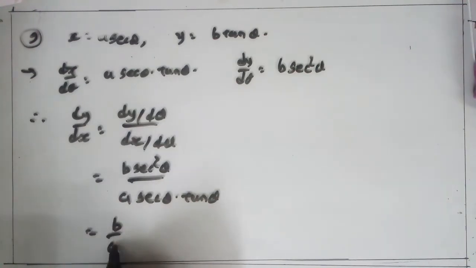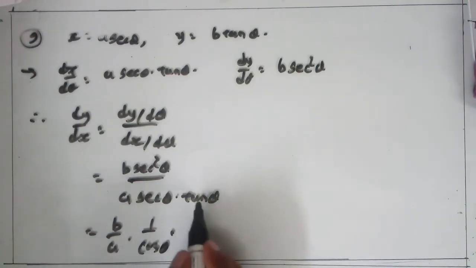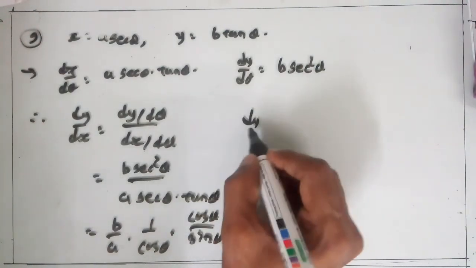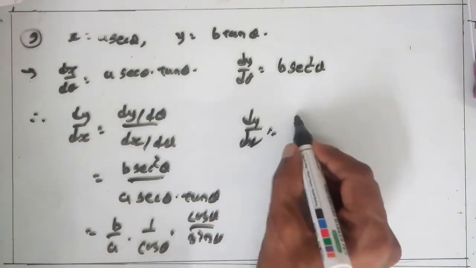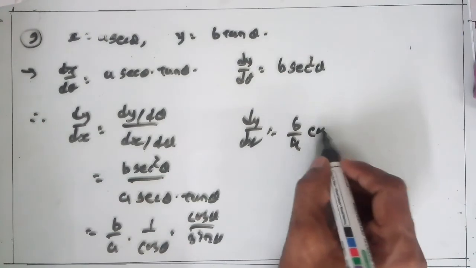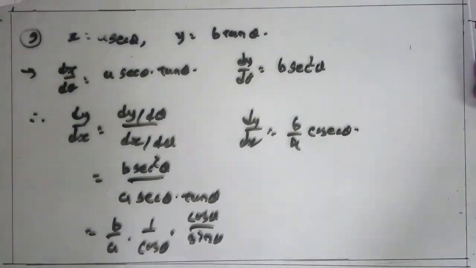So b upon a sec, change into cos form, 1 upon cos theta. Tan theta is equal to sin theta upon cos theta. Clear? Cos cancel, we get dy dx is equal to b upon a and 1 upon sin, that is cosec theta. Clear? After simplification, we get dy dx is equal to b upon a cosec theta.